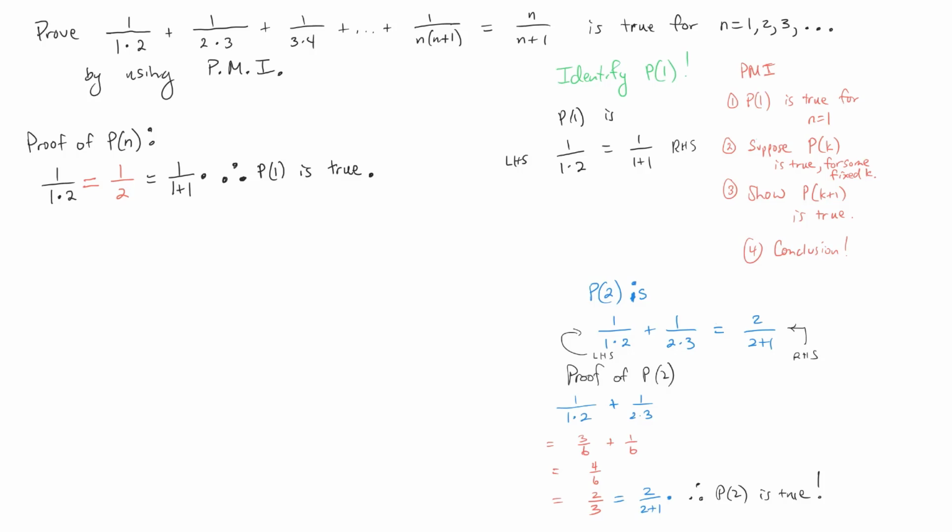Now, suppose the equation for a fixed k is true. Suppose P of k is true for some fixed k. You could even say a particular k.